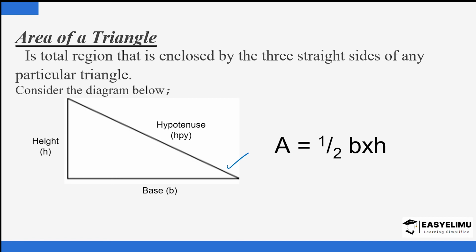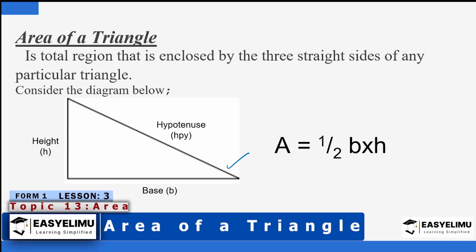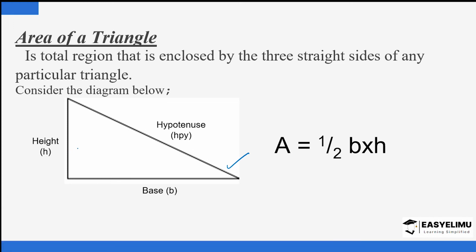So this is what you call a triangle. It is a figure that is bounded by three straight sides. The longest side is called the hypotenuse, and the other sides we call the shorter sides.